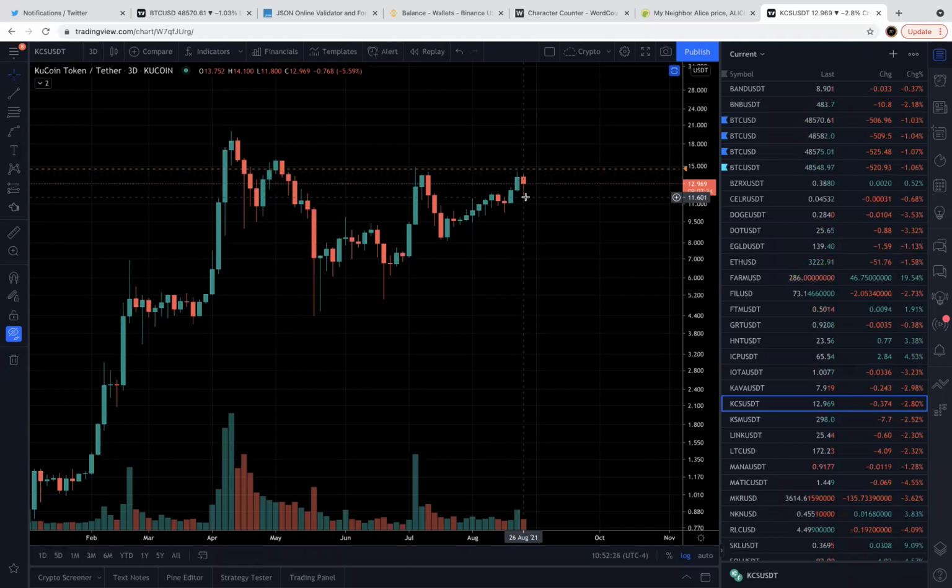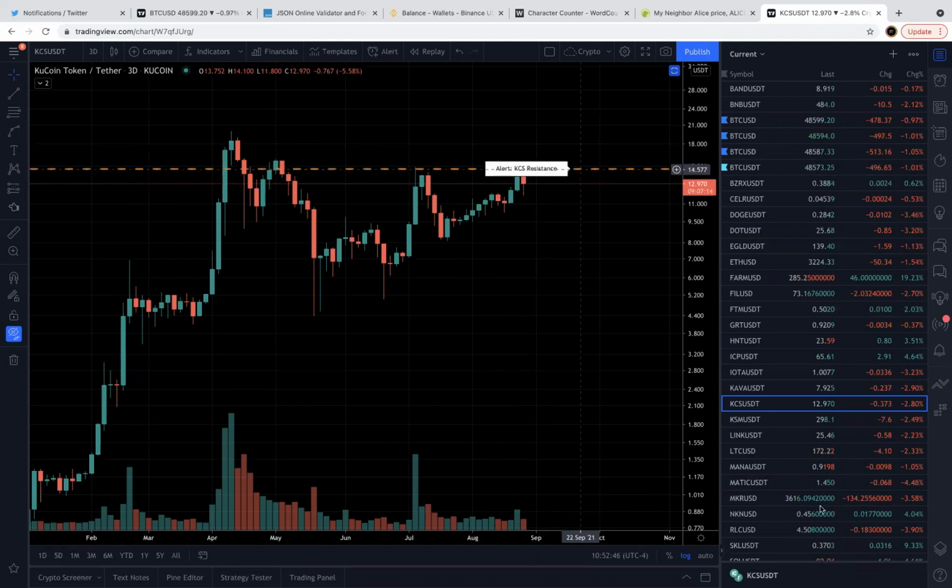I mean, look at this one, it is a nice trend, like if you follow this nice trend, you can expect KCS to do good in coming days, because this is a breakout moment in coming days, somewhere in next week, whenever, right? So this is really looking good to me.